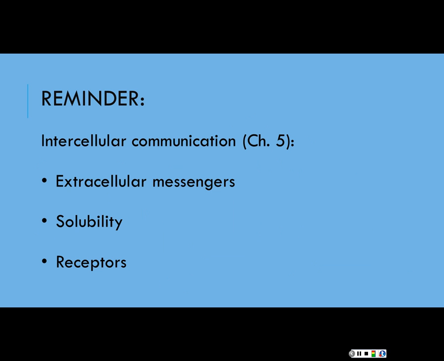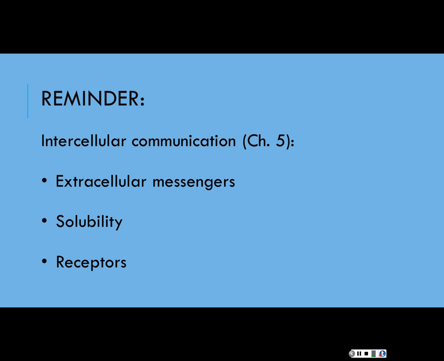We also can't forget all the ground that we made covering Chapter 5, had a test over previously, and the role of extracellular messengers. One of the questions on your test was name at least 3 different types of messengers, and you should have said neurotransmitters, hormones, neurohormones, paracrine, autocrine, something like that, right? Hormones are a type of extracellular messenger.